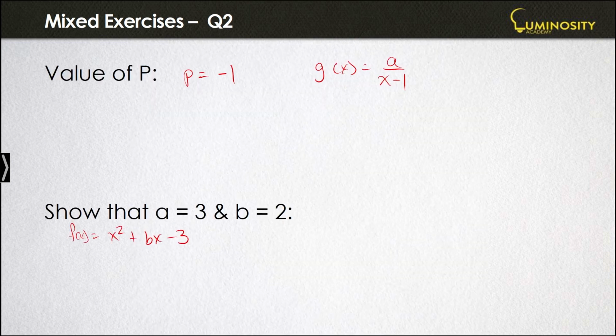So this means f of 1 should be equal to 0. f of 1 gives us 1 squared, which is 1, plus 1 times b, which is just b, minus 3, and this has to be equal to 0. So b equals 0 plus 3 minus 1, which is 2.